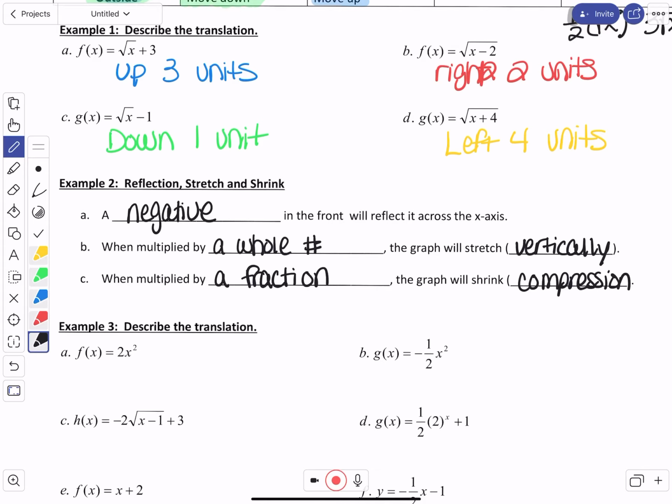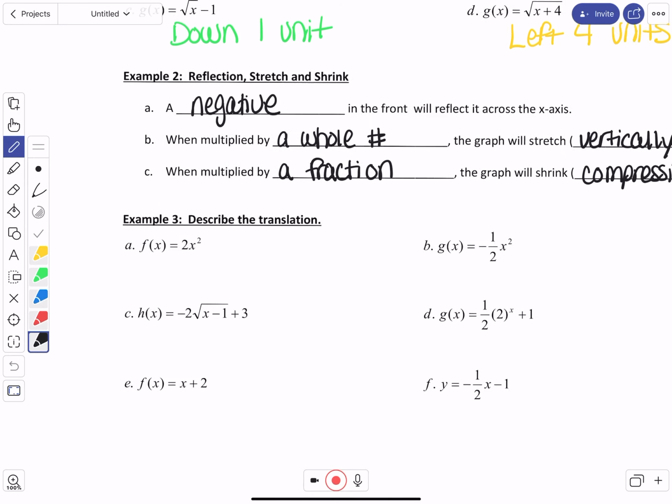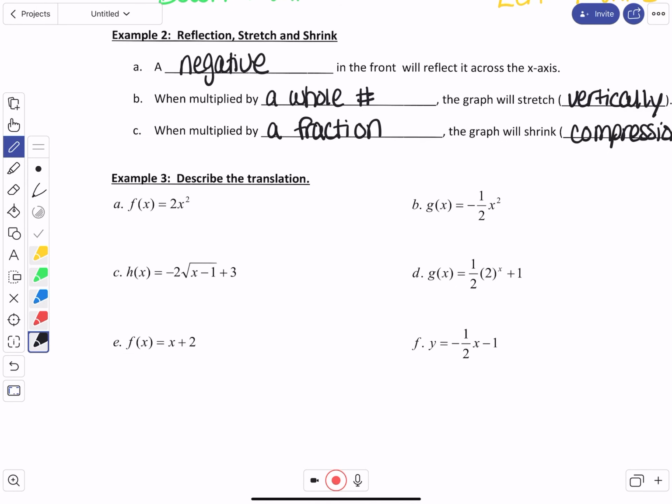Okay? All right, so we're going to describe the translation. So there could be more than one thing going on down here. Okay? So on this one, you've got the 2. So that's a whole number. So it's a stretch by 2. Okay?